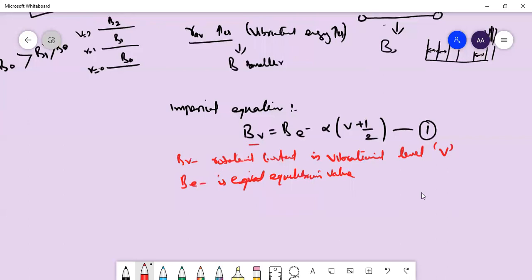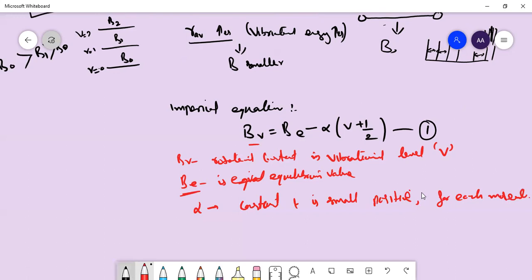It means this is the actual rotational constant of the molecule at the equilibrium bond length, when there is no disturbance, and it is minus alpha. Then what is this alpha? This alpha is a constant, and the value is very small and positive, and it is different for each molecule. So this alpha is a small positive constant for each molecule.